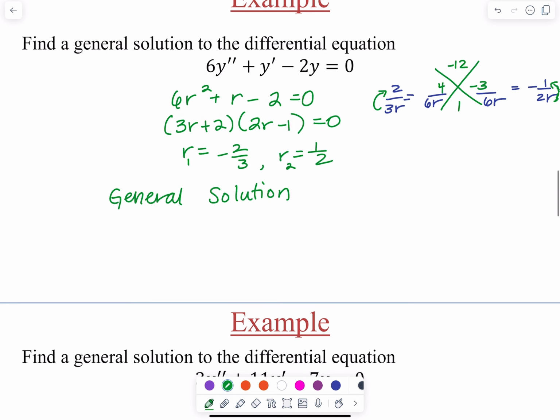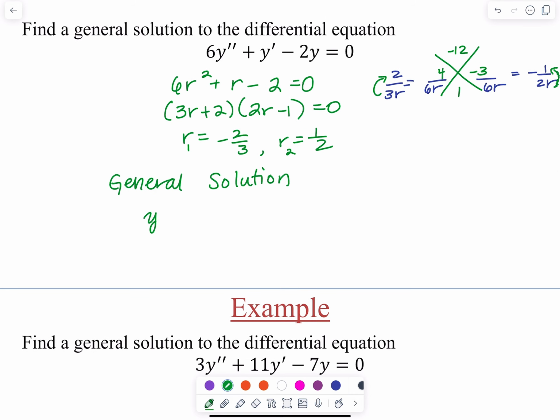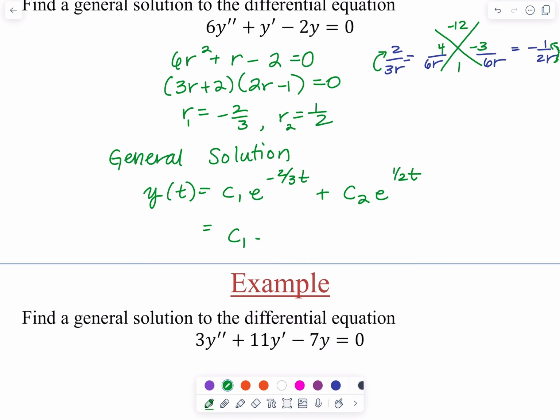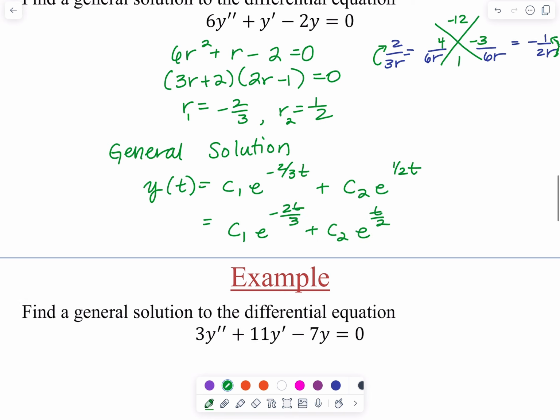We can say that our general solution is y of t is equal to c1 e to the negative 2/3 t plus c2 e to the 1/2 t. This can also be written as e to the negative 2t over 3 and e to the t over 2.